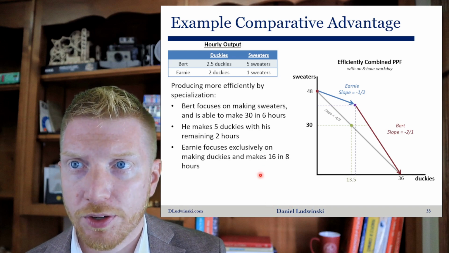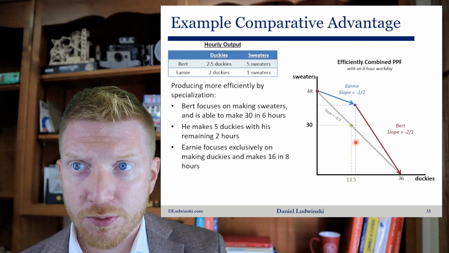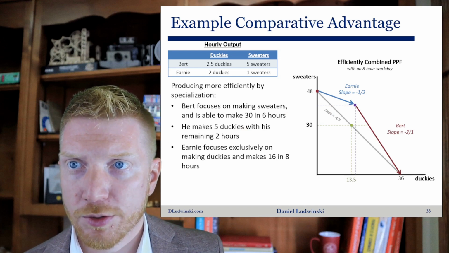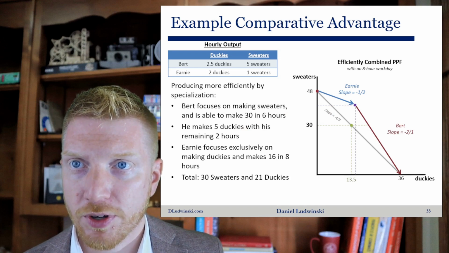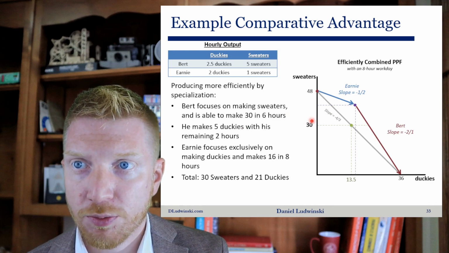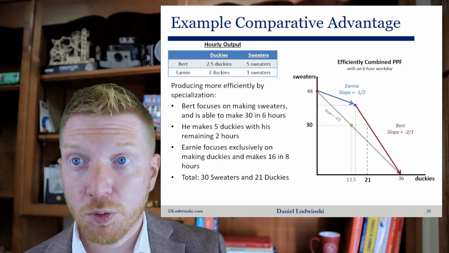So here what we're going to do is Bert's going to make 5 duckies with his remaining 2 hours here, and the rest is going to be spent on sweater production, which meets what we were trying to do. Which allows us to still make these 30 sweaters, but instead of just making 13.5, we're making 21 duckies.